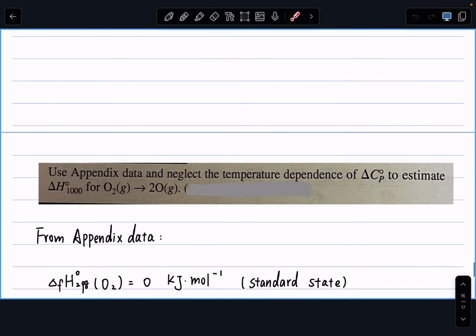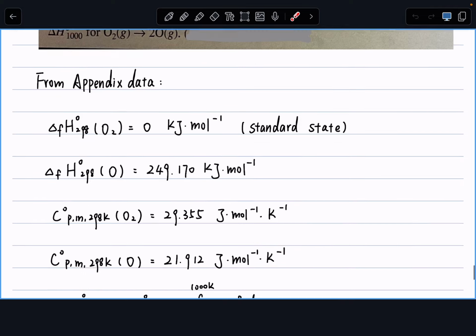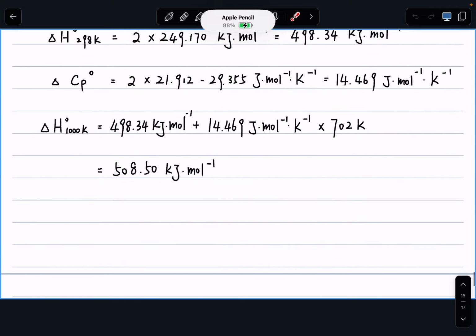There is one example on the next page. You can try it yourself and see how to use appendix data and see, assuming the Cp naught is not changing with respect to temperature, can you estimate the delta H naught at 1000 degrees for the reaction given? The answer is also posted in our annotated notes.